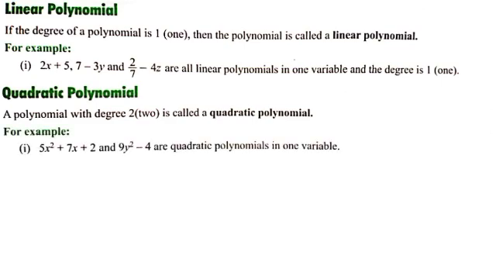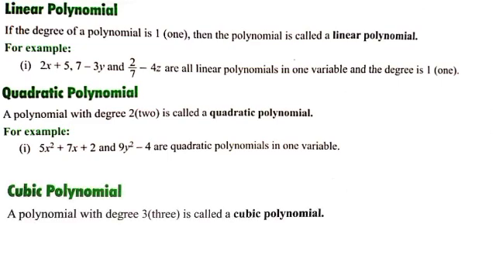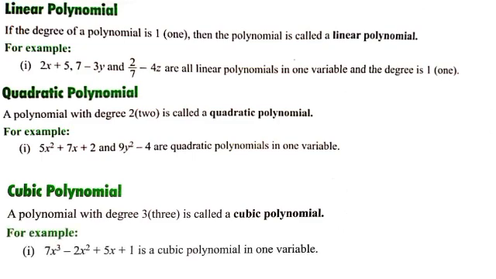For example, 5x² + 7x + 2 and 9y² - 4 are quadratic polynomials in one variable. Cubic polynomial. A polynomial with degree 3 is called a cubic polynomial. For example, 7x³ - 2x² + 5x + 1 is a cubic polynomial in one variable.